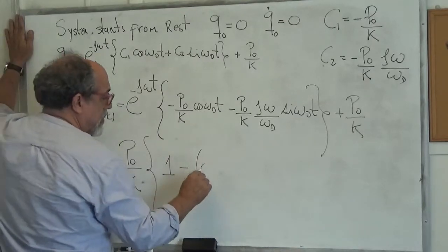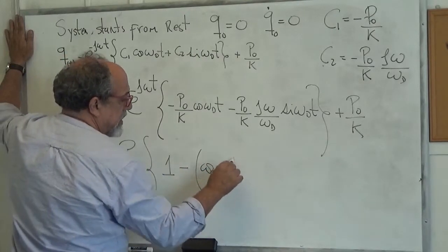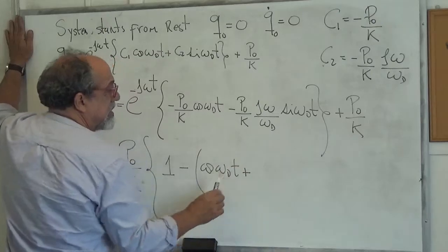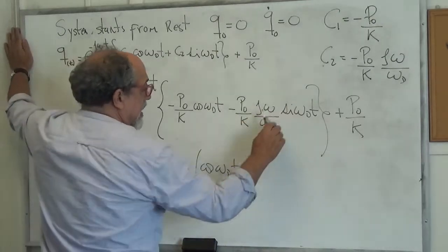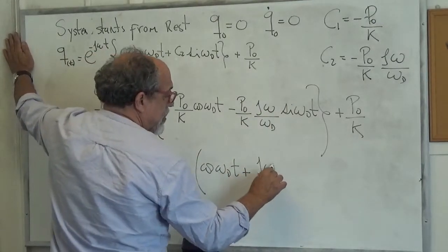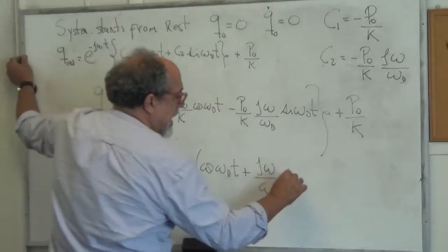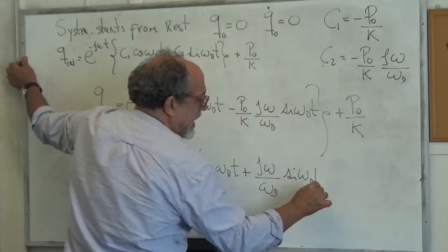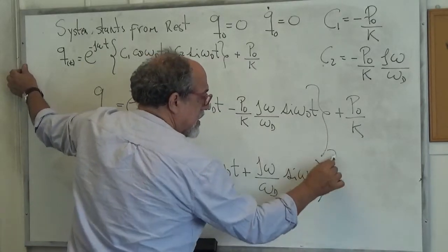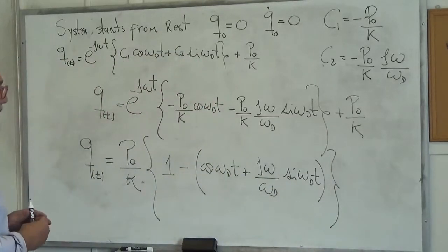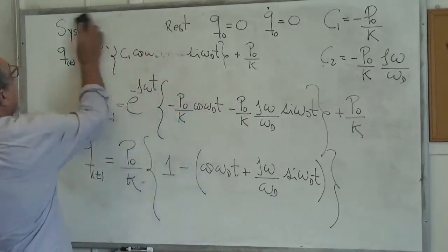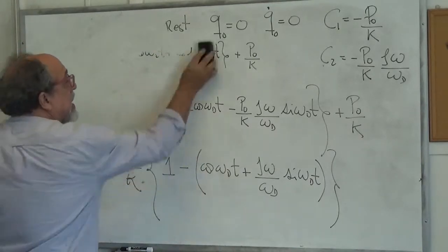This part here looks like cosine of omega damped t plus the damping ratio times omega over omega damped times the sine of omega damped t. We close this, close the bracket, and I believe that's everything, right? So I will erase everything except that.